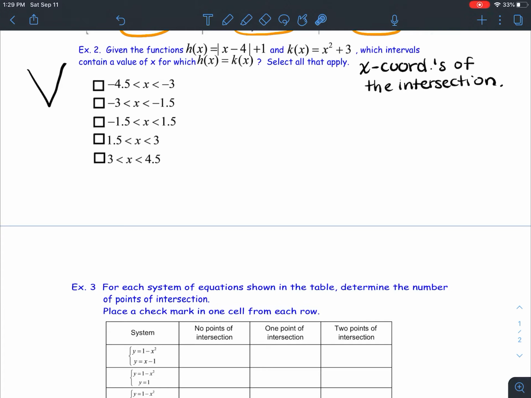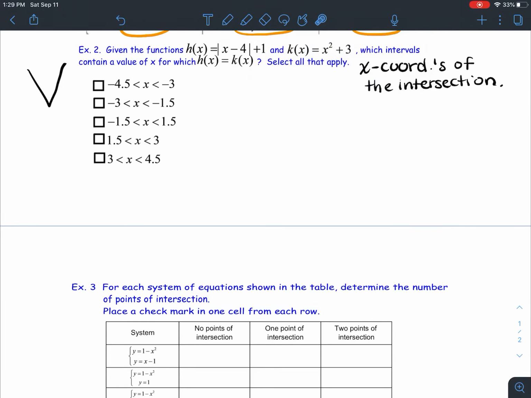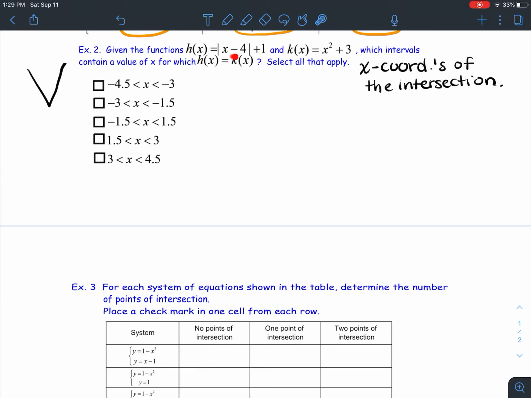Okay, so on your calculator, go into Y1, clear that out, and how you're going to get the absolute value bars is you're going to press the math button and bump over to the num menu. It's the second menu. The very first option should say ABS. That's short for absolute value. Newer calculators will make it look like absolute value bars, in which you can just type x minus 4 in between the bars.